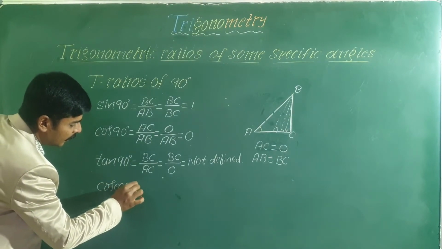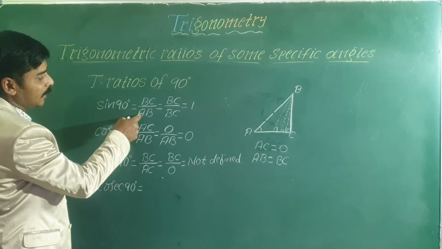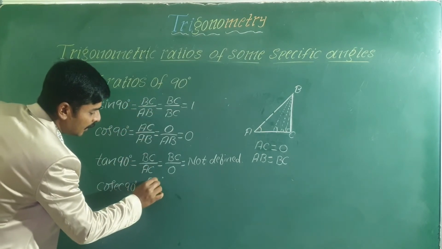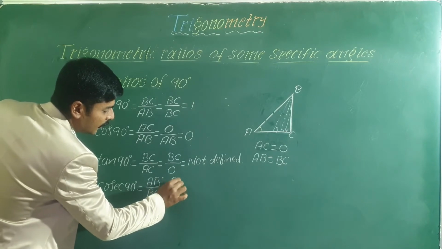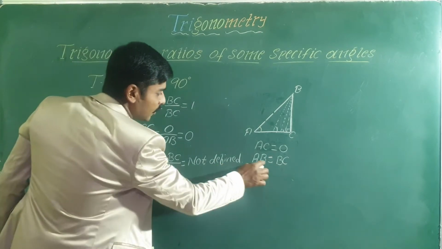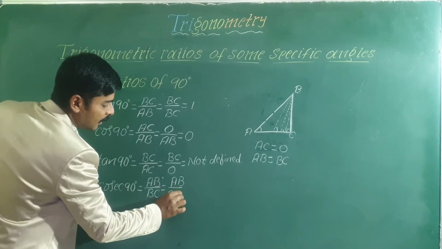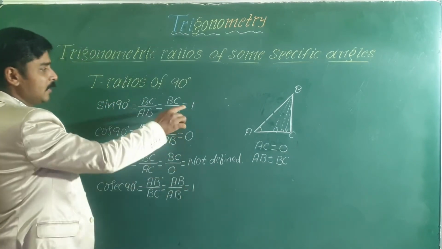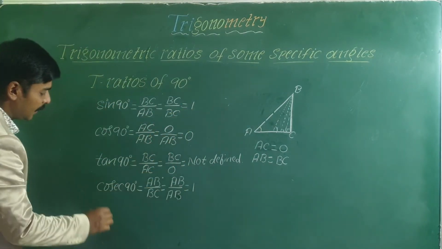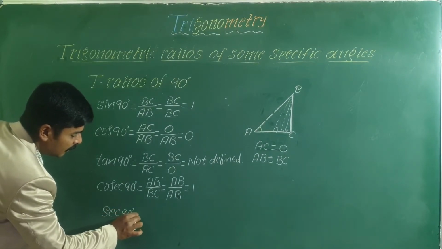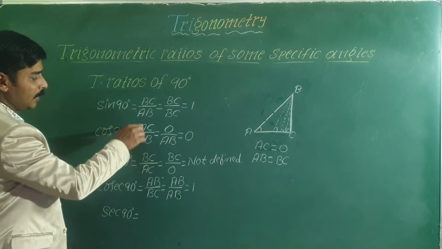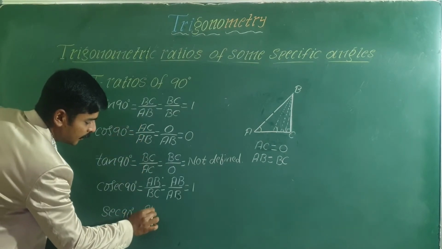Next, cosecant 90 degree. Cosecant is the reciprocal of sine, that is AB by BC. AB by BC, where AB is equal to BC. So AB by AB, that is equal to 1. So reciprocal of 1 is 1. Next, secant 90 degree. This is the reciprocal of cos. So AB by AC.